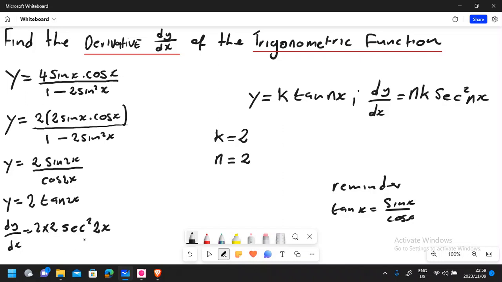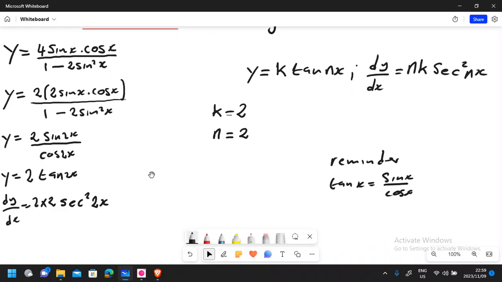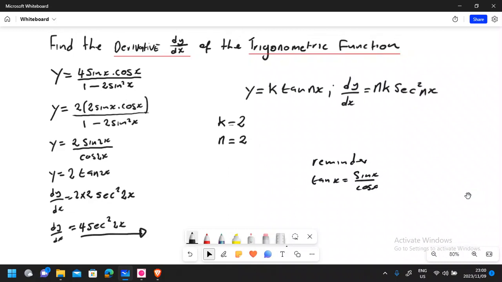So the final answer, dy over dx, is going to give us 4 sec squared 2x. And that, guys, is your final answer. I know it looked a bit challenging, but really it was not. Remember, you are supposed to know your identities here.